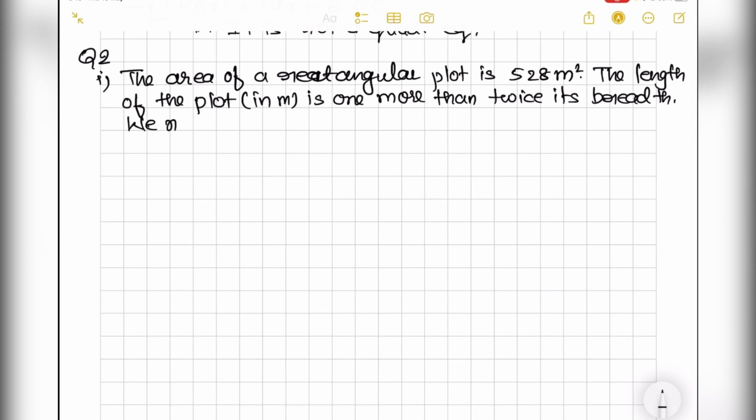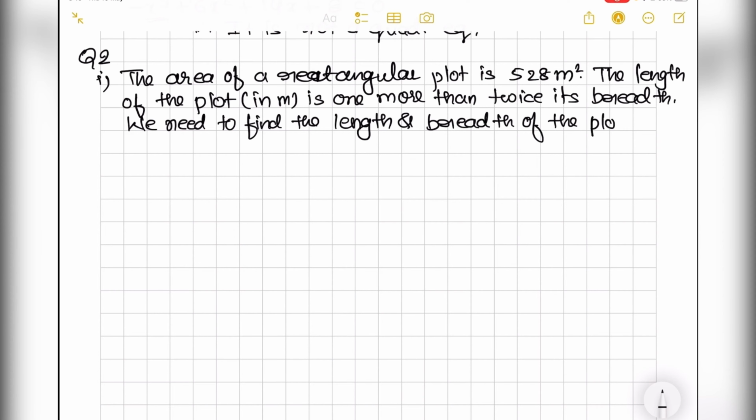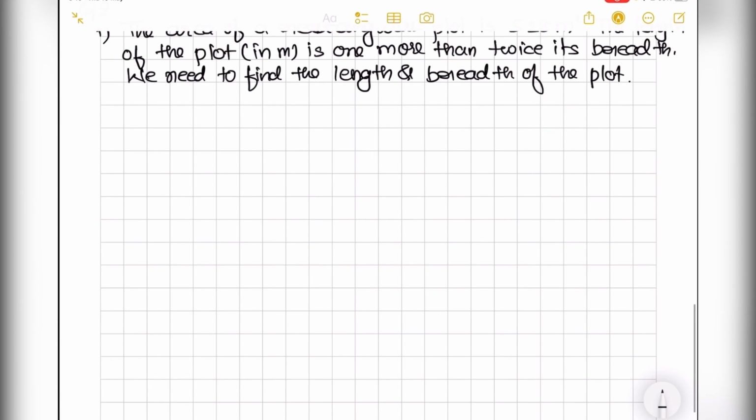We need to find the length and breadth of the plot. So, here I am given area equal to 528 meters square.